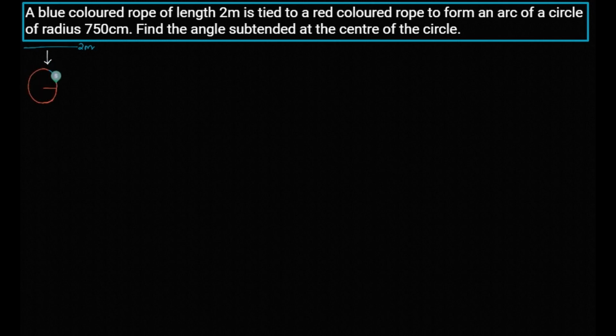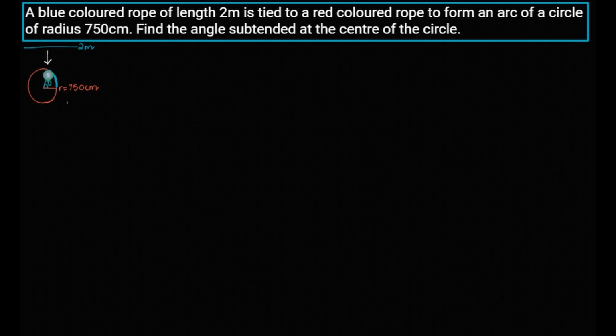So this is the blue color rope which is tied to the red color rope to form a circle of radius r, which is equal to 750 centimeters. And we have to find out theta.